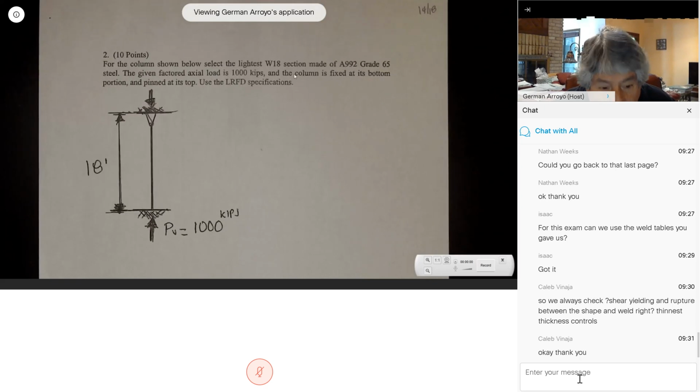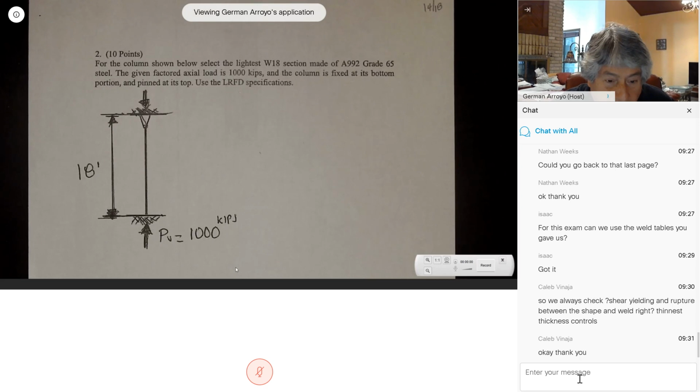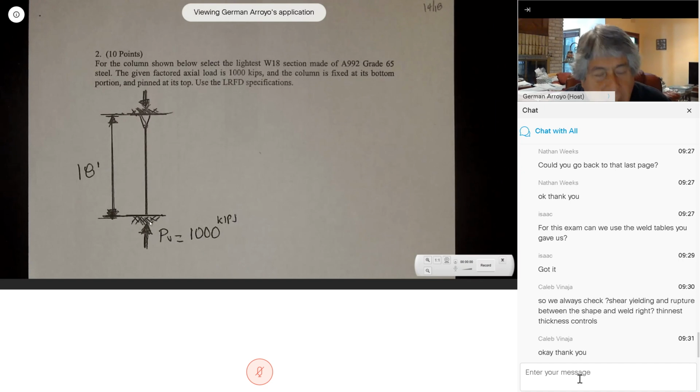Right? In here, we had an axial load, 1,000 kips, sorry, fixed support at the bottom, pin at the top, 18 feet. No brace in between. So in here, KLX and KLY are exactly the same.